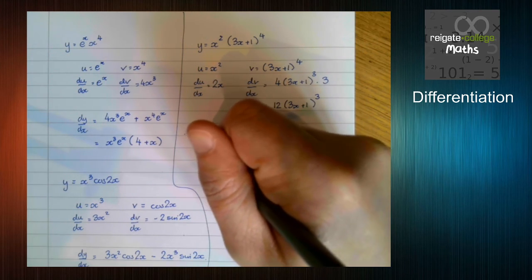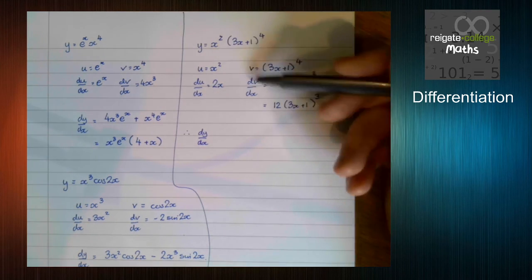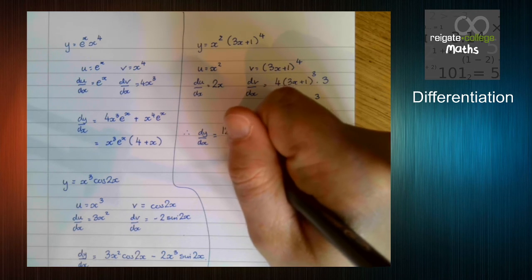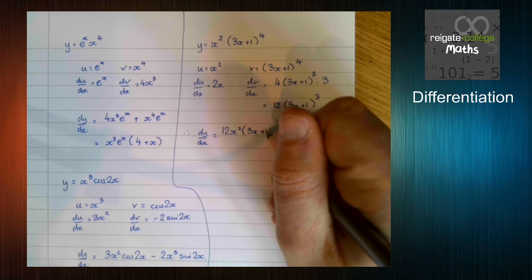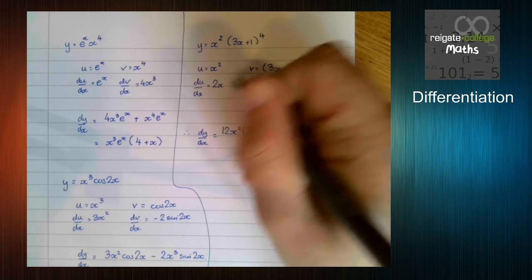And then use the formula. So u dv, again, rewriting it in a slightly neater form, plus v du.